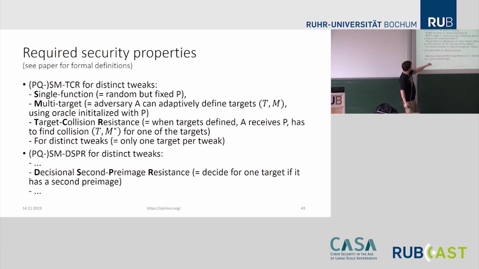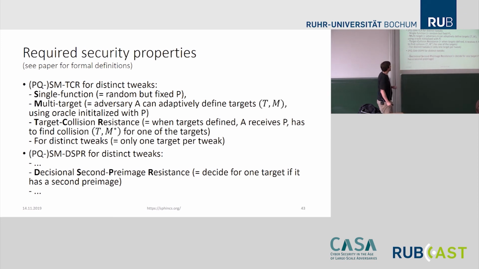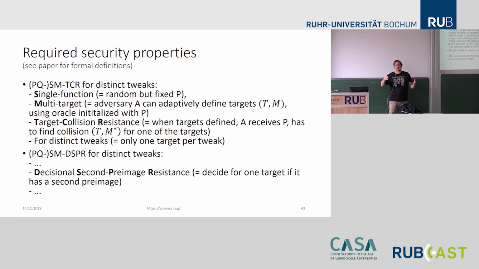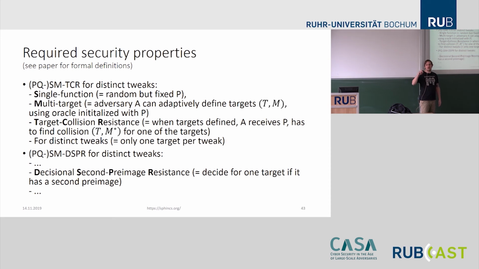And the additional condition is that the tweaks for the targets are actually distinct, so that these are really nonces, that they are just used once. Right? And actually, if you would reuse them, this would just harm insofar as you would get a multi-target attack among the same tweaks. So this would not entirely break the scheme, but it would just lower the security level by a logarithmic factor of the number of reuses of a tweak.